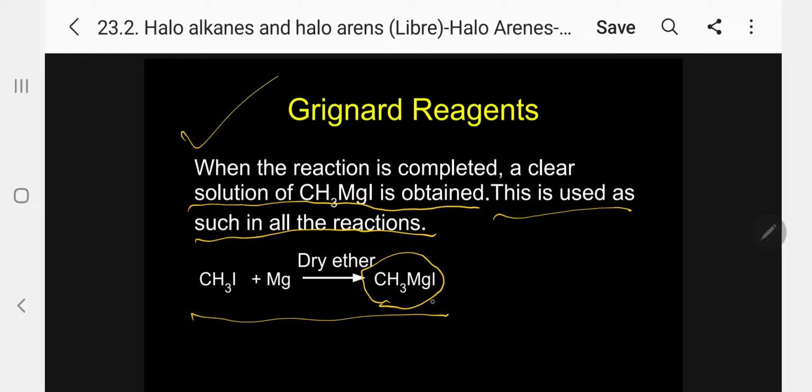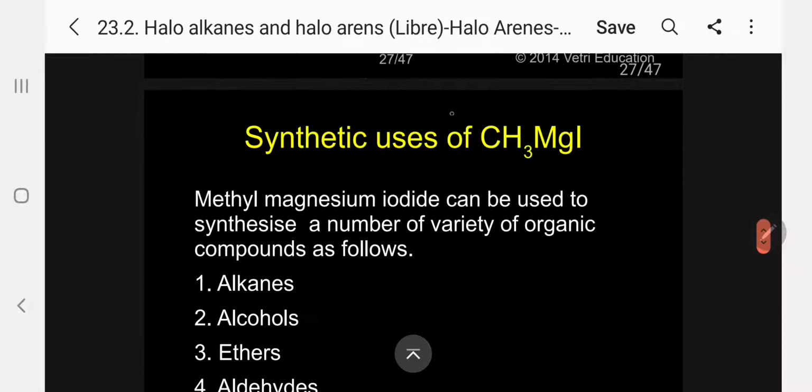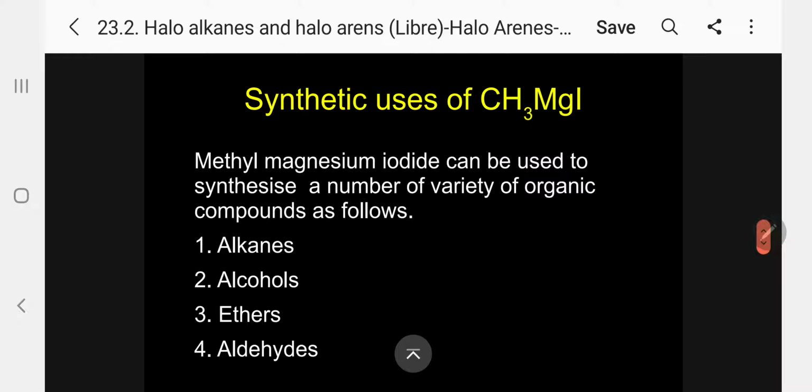Methyl magnesium iodide is the specific example I am giving. Now, I am going to discuss synthetic applications of methyl magnesium iodide.